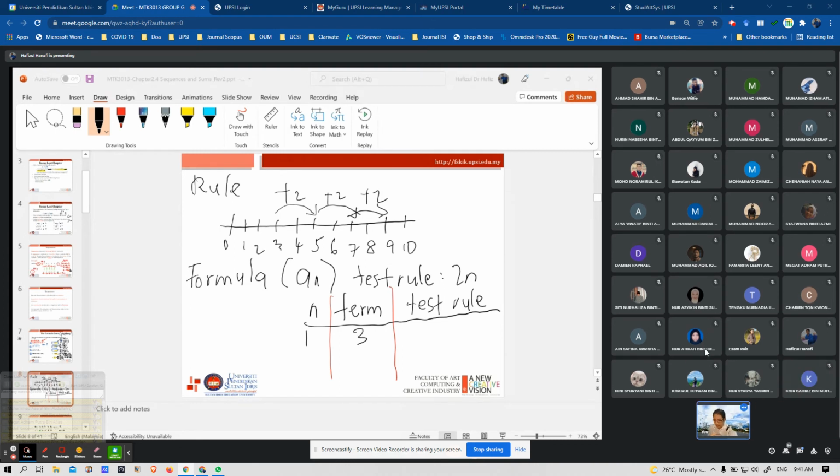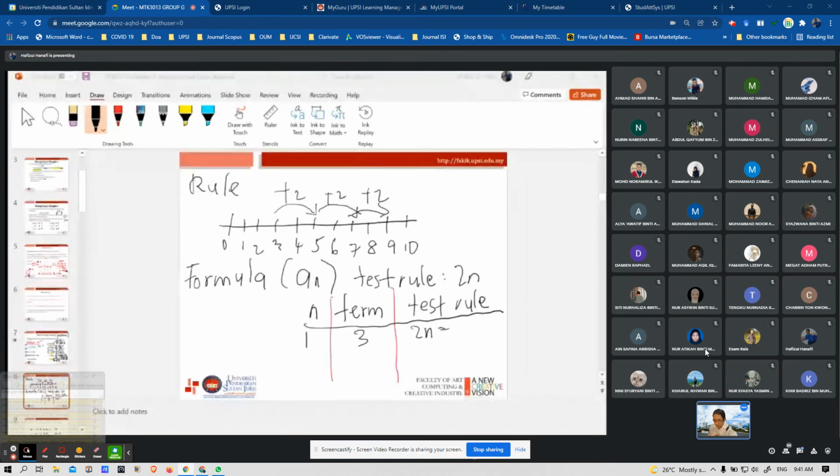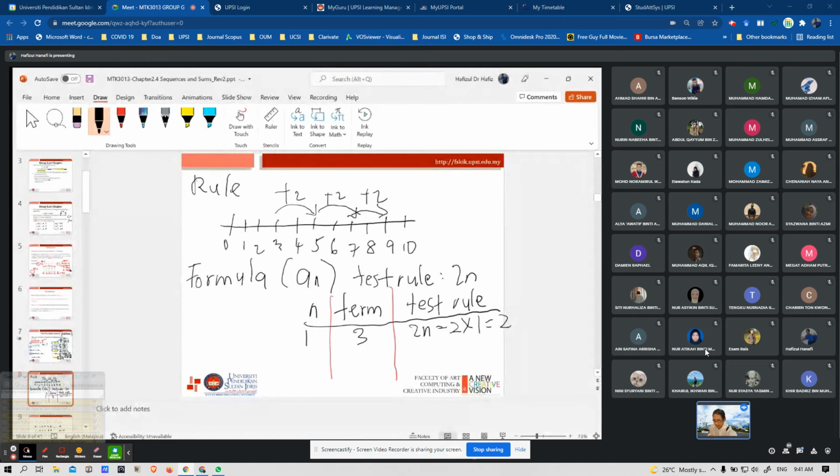Then the test rule 2n is equal to 2 multiplied by 1, which is 2. Then n equal to 2, the term is 5, and 2n is equal to 2 multiplied by 2, which is 4. Then n equal to 3, the term is 7, and 2n is equal to 2 multiplied by 3, which is 6.